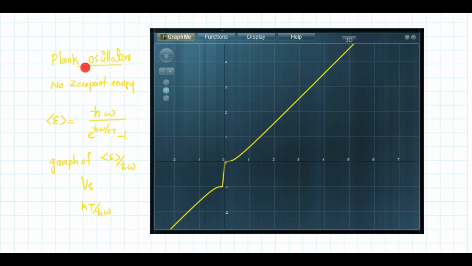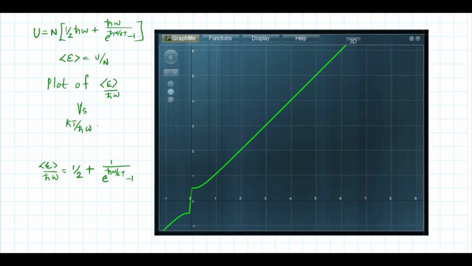Now we can consider a case which is known as Planck oscillator. Here we will not consider the zero point energy. That is, at absolute zero, the energy of oscillator becomes 0. That is the case with the Planck oscillator. No zero point energy. So in the energy equation, there is no half h cut omega.